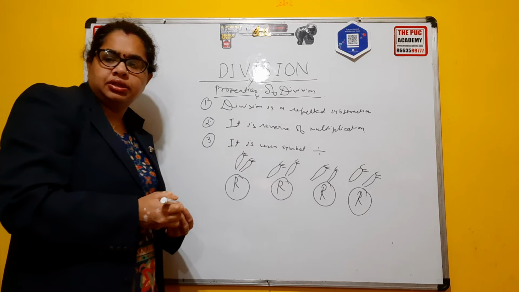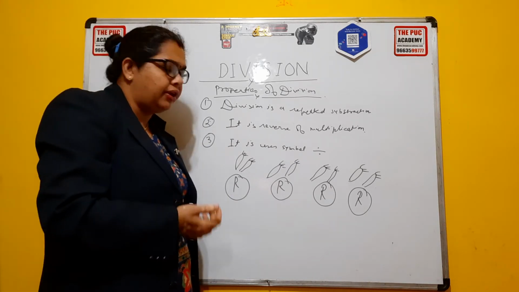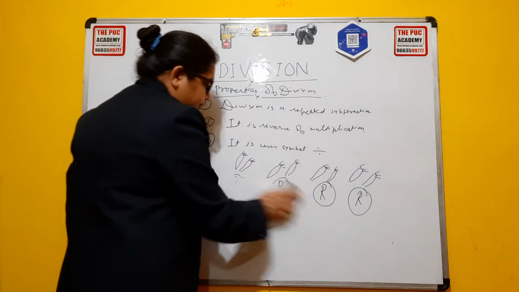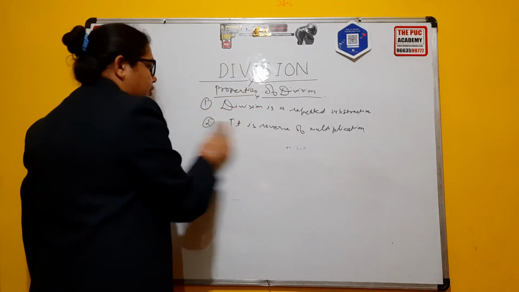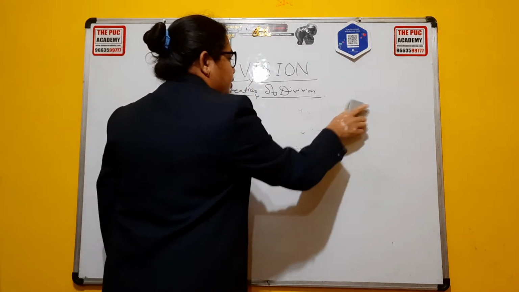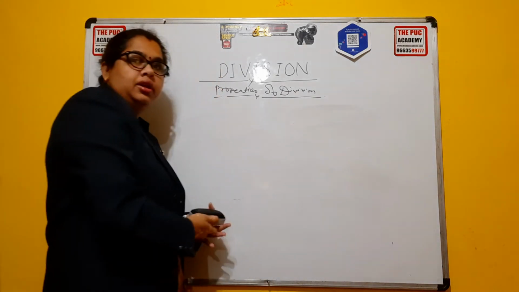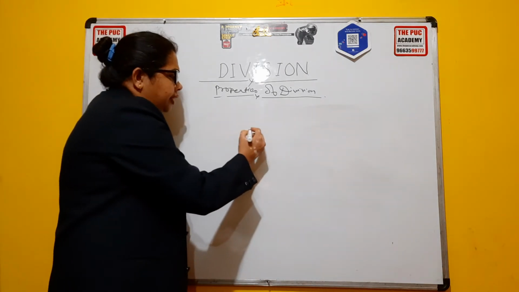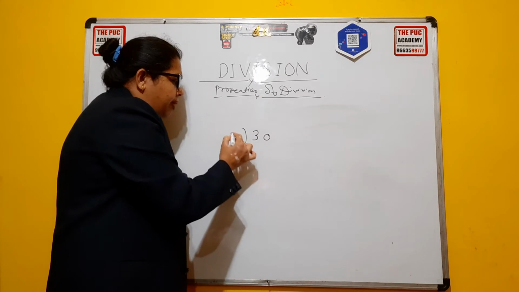Okay, children. So now we'll take an example of division, how we do it. Take a number 30, which we have to divide by 8.